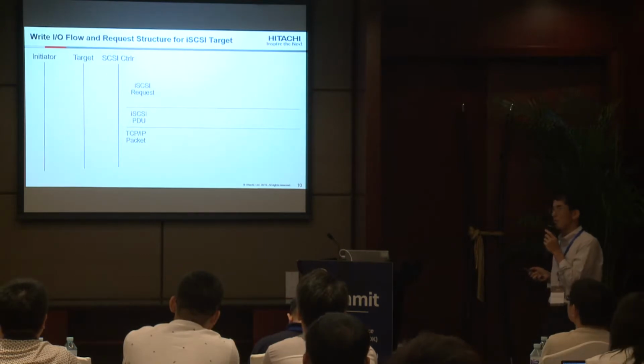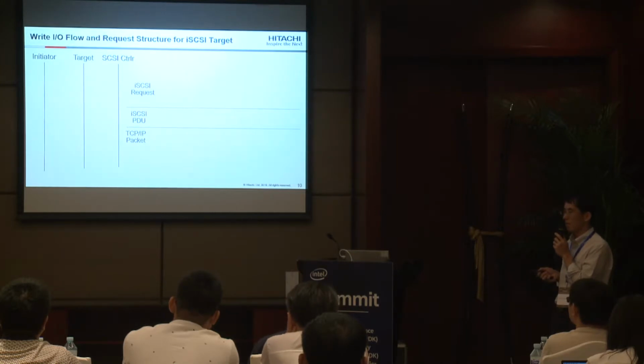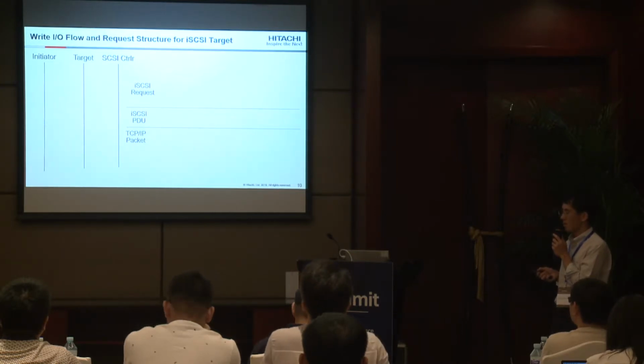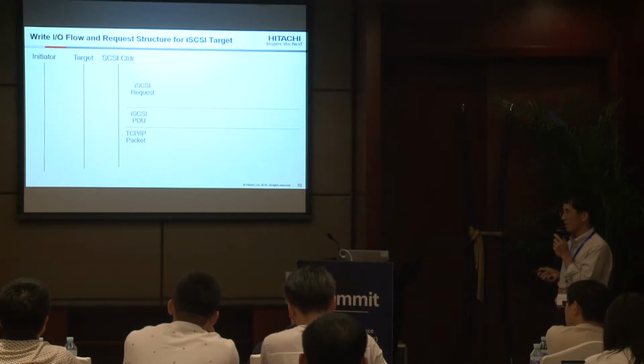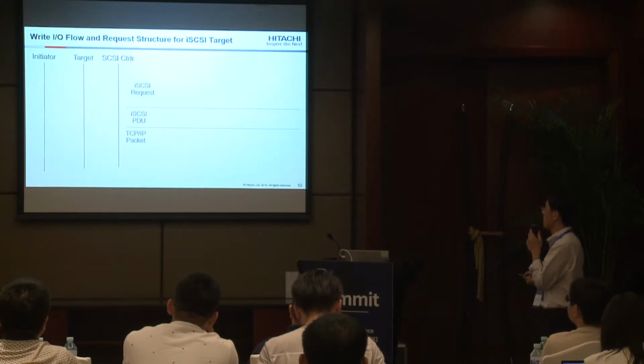From this page, I will explain the difference between iSCSI and NVMe over Fabrics, and these two pages don't include anything about the feature. I will explain the basics of I/O flow and request structure first.